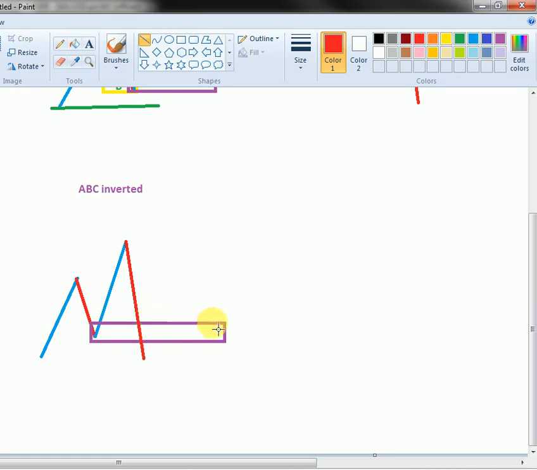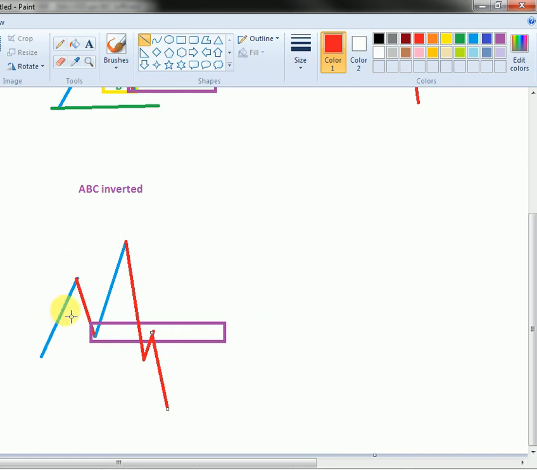We must accept these losses. Then this basic structure becomes the ABC inverted setup, and we wait for price to come back to this area. First we wait for this candle to come back to this area to enter sell, and hopefully price can go down.